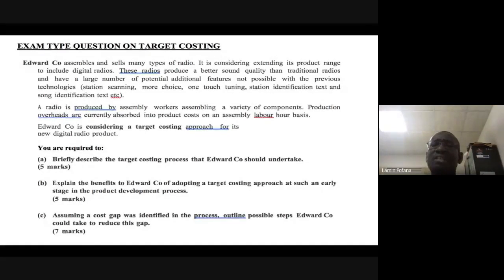For example, if it is a situation whereby you don't need that much quality of labor. Let's say in our example of production of desks, you don't have to use four qualified people to do the joints and stuff like that.